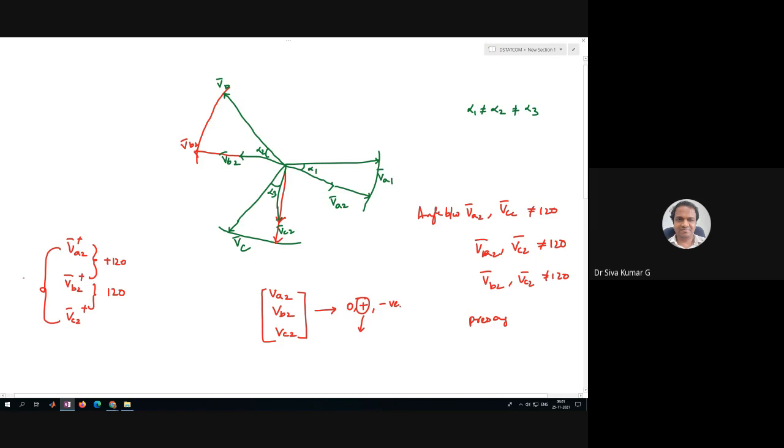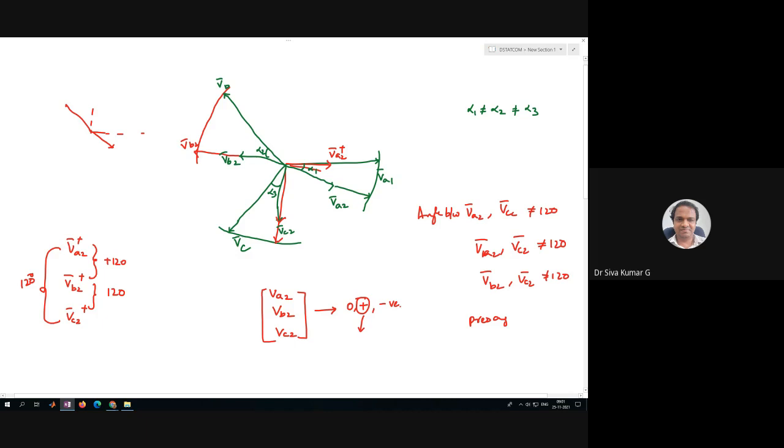Taking this reference, this might be the angle of VA2 positive sequence.